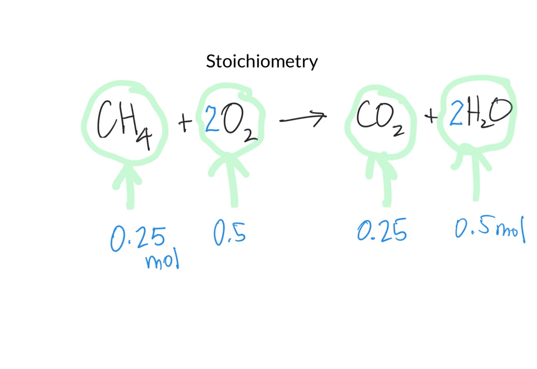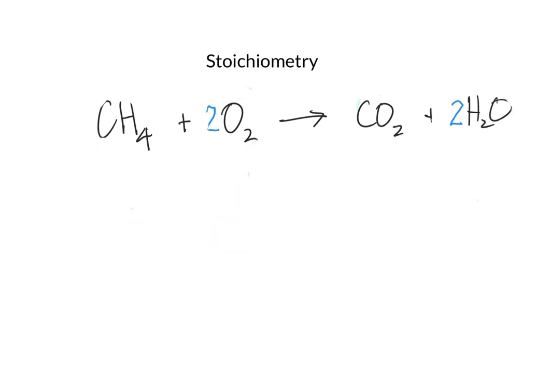But then again, we run into a problem because for the mole-to-mole calculation, we don't have anything in the lab that measures in moles. There's no instrument that can measure moles. So what we typically do is we start out with mass. So let's say we have 10 grams of CH4, and I want to know how many grams of water that would produce.